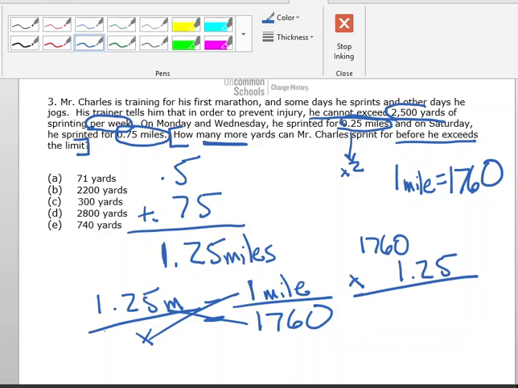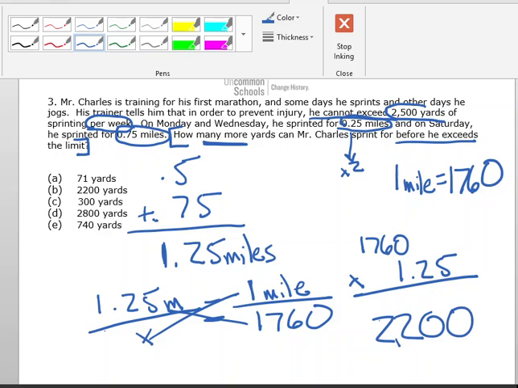I'm using my calculator. Okay, 1,760 times 1.25 gives me 2,200. And so I know that this means that he has now sprinted 2,200 yards.